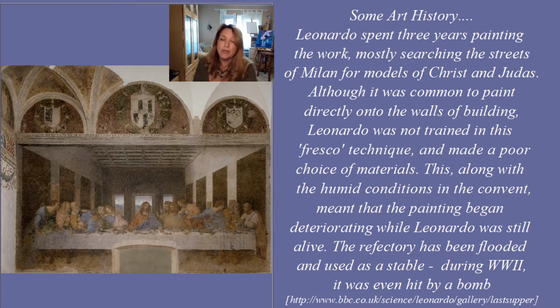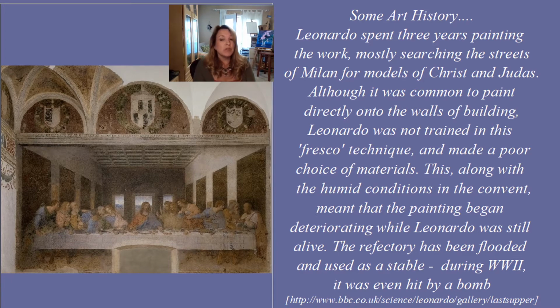And even so, brilliant man, very, very smart. So he basically spent a lot of time searching the streets of Milan for models that he felt looked like the apostles. And so he was particularly interested in very key models for Christ and Judas.